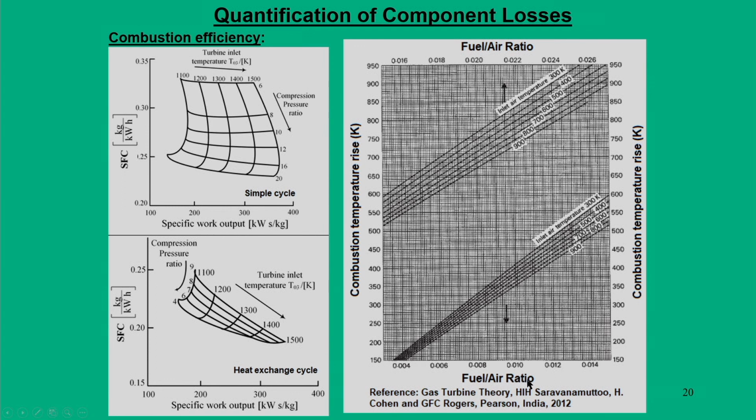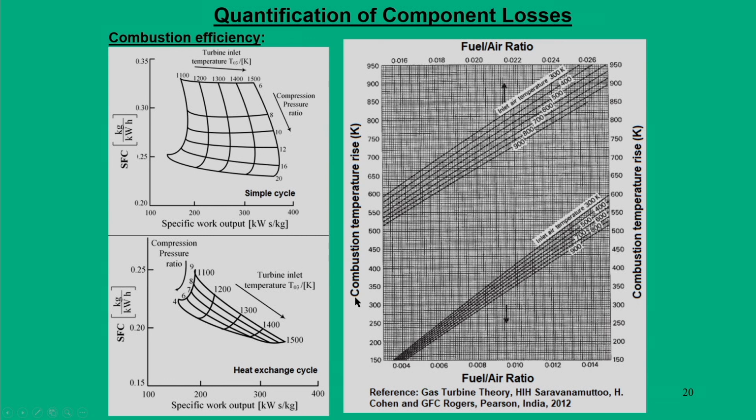And of course, there is another table that talks about how you are going to calculate the fuel air ratio with respect to combustion temperature rise. This plot is graphically plotted, and I have taken it from the reference Gas Turbine Theory by Saravanamuttoo, Cohen and Rogers. What it says is that in a given problem you are supposed to find a fuel air ratio, but what you will be knowing is the terminal temperatures. These terminal temperatures, in the combustion chamber, are represented as a combustion temperature rise.